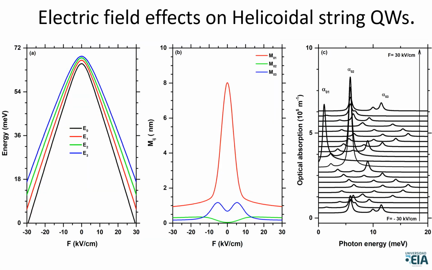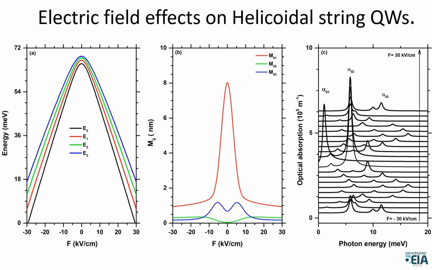When an electric field sweeping from -30 to 30 kilovolts per centimeter is applied on a string helicoidal, the energy has a proper symmetry and has visible effects on the first 3 excited states, as well as the fundamental state, such that these transitions are allowed and the dipoles are calculated.